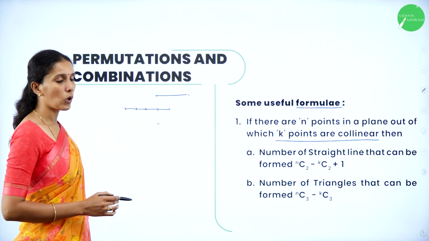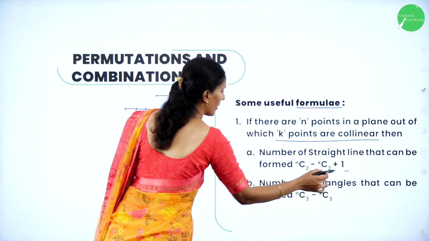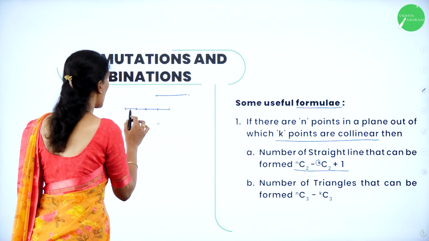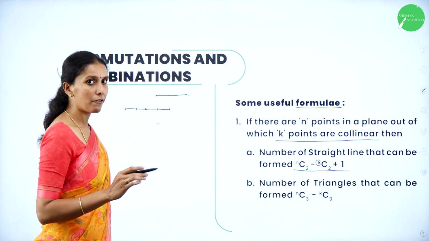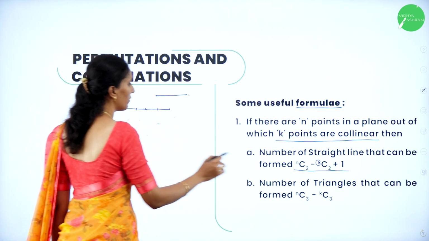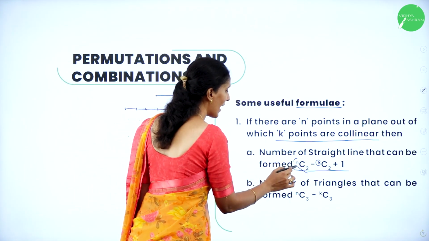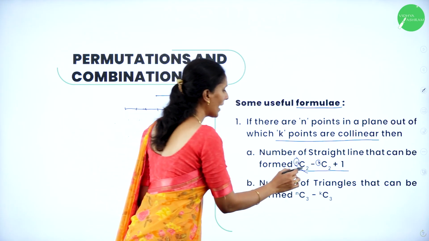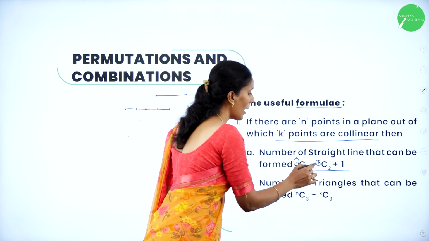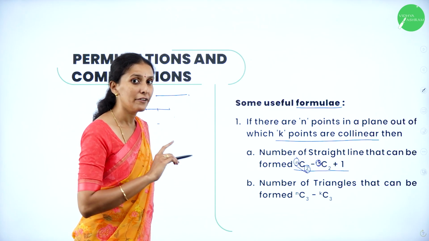When you have collinear points, the number of straight lines formed is nC2 minus kC2. What does this k represent? k represents how many points are collinear. So you have to subtract the points which are collinear. Therefore the formula will start with nC2. Why nC2? Because out of n points, I need only 2 points to draw a line. And k points are collinear, which I have to remove, because I will not consider them as different lines.